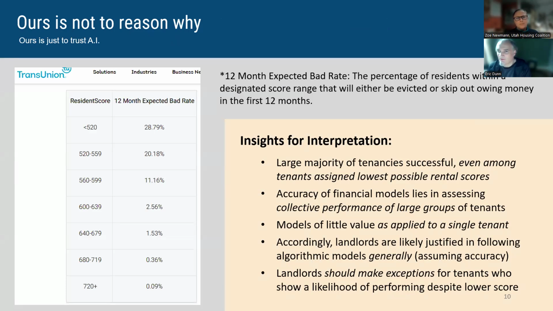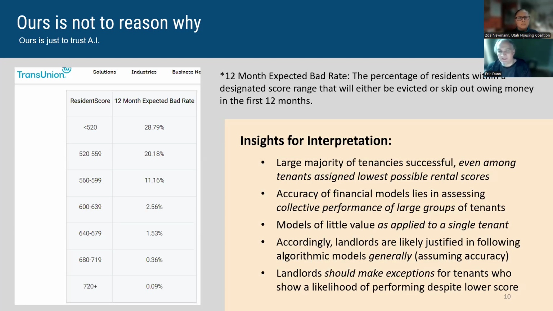And I think this is really an important way to think about these tenant screening models. This looks at TransUnion again. They calculate a rental score. It's not a credit score, but the idea is how likely someone is to fulfill the terms of a lease. And it's sort of like an SAT score. You have between 300 and 800 as the maximum.